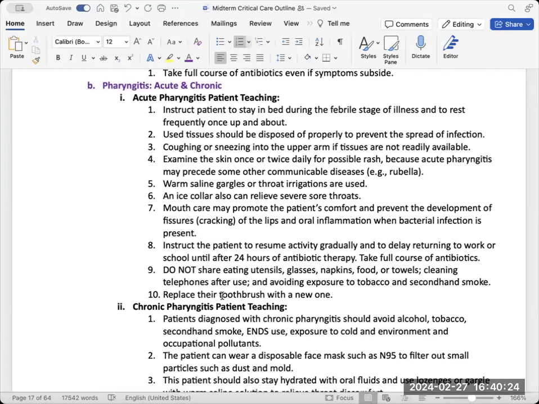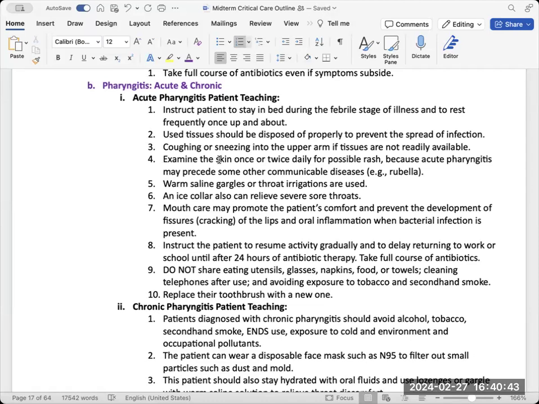Now, I went into the textbook and found other patient teaching, so I'm not going to get into all of it, but basically, they should cough and sneeze in their upper arm and dispose of tissues properly, right? Since they could have a sore throat, we want to have warm saline gargles and maybe an ice collar around the neck to help relieve a sore throat.